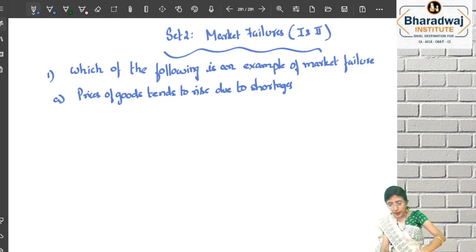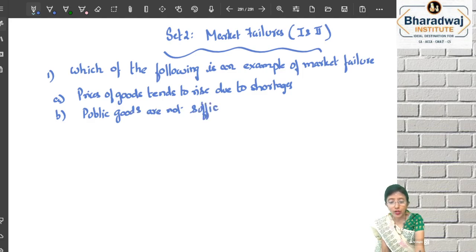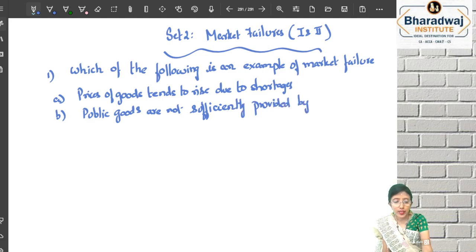Option B: public goods are not sufficiently provided by the public sector.